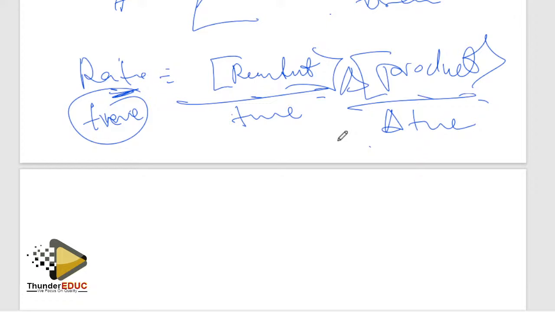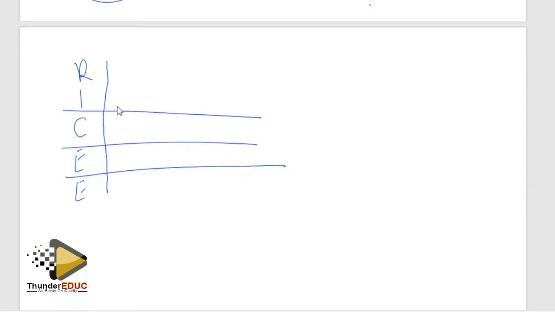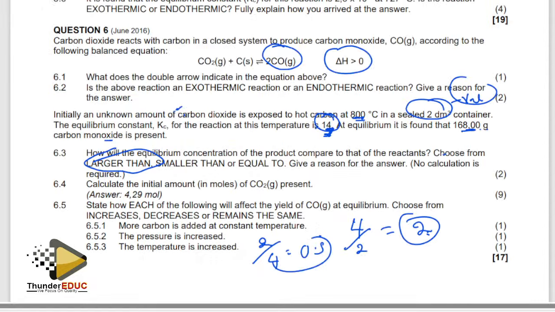Let's do this. You have to use the RICE method, and then we are able to get everything here. I don't know what you are using, but I call it RICE. So let's go to the elements. What do we have? This is a gas, this is a solid, so I don't include the solid.